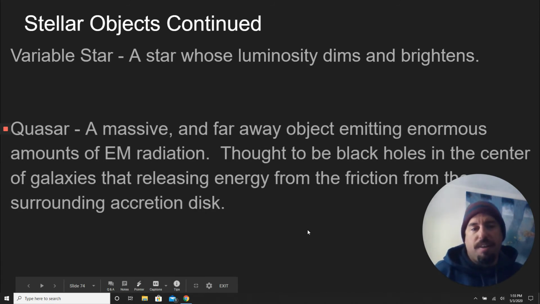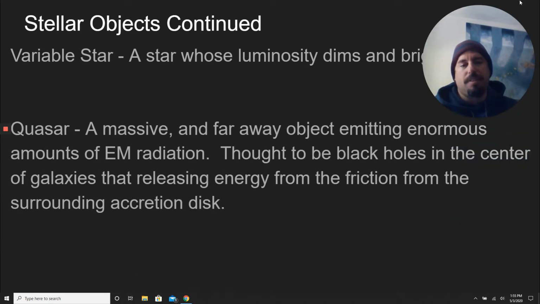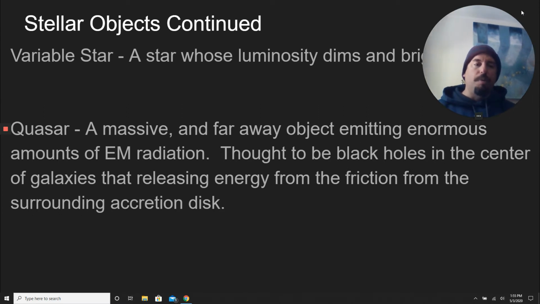A quasar is a massive and faraway object. It emits enormous amounts of EM radiation. We think they're black holes in the center of galaxies releasing energy from the friction from the surrounding disk. So black holes are pulling everything into them.